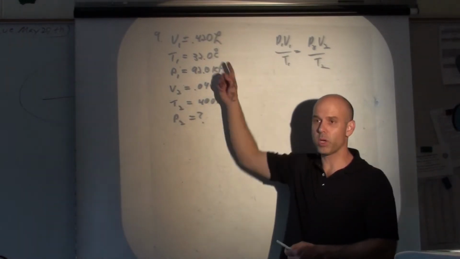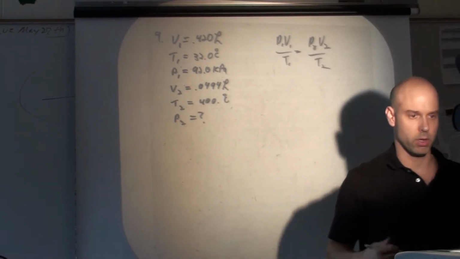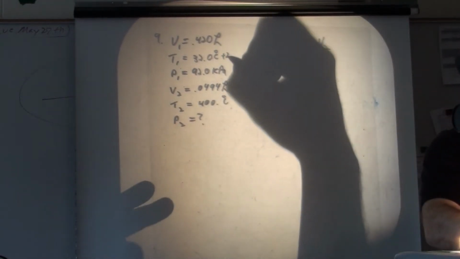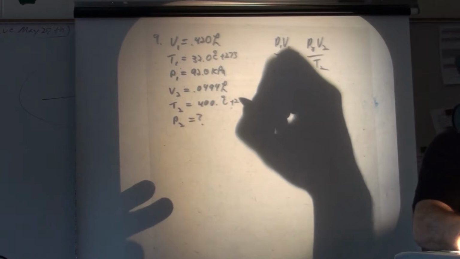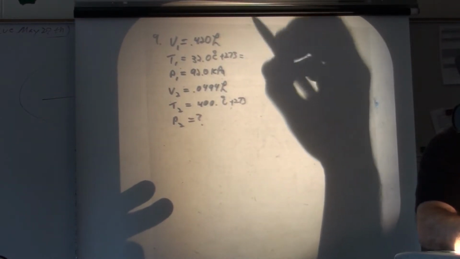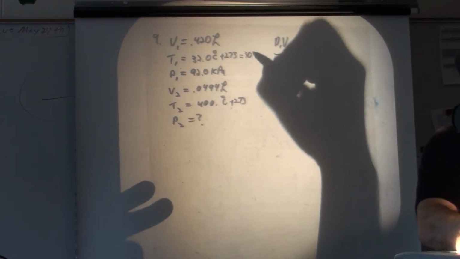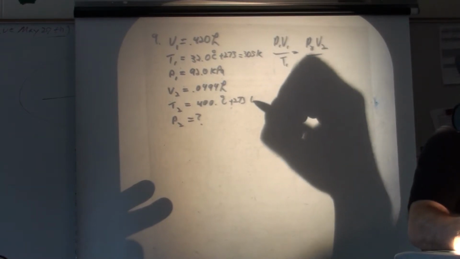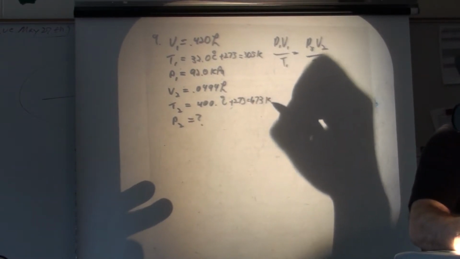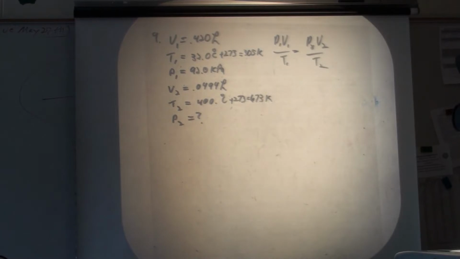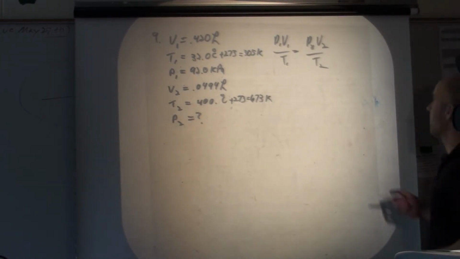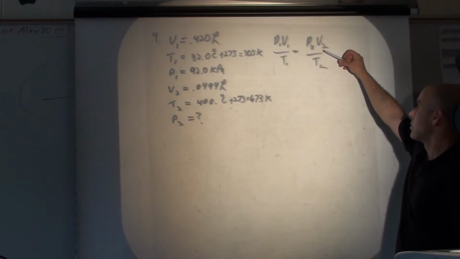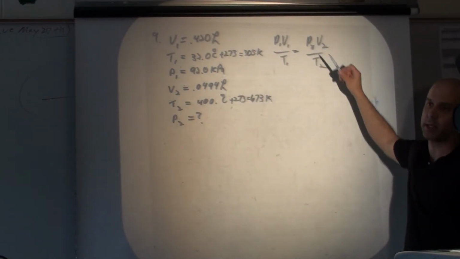Celsius always has to be in Kelvin. So some people had trouble with that. Make sure your temperature is always in Kelvin. Then we do the algebra. So we need to get P2 by itself.